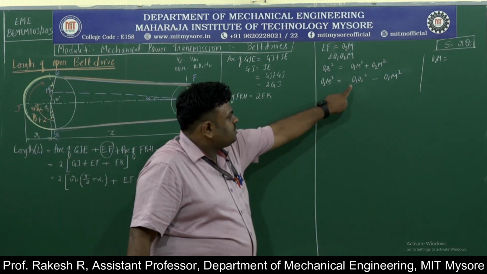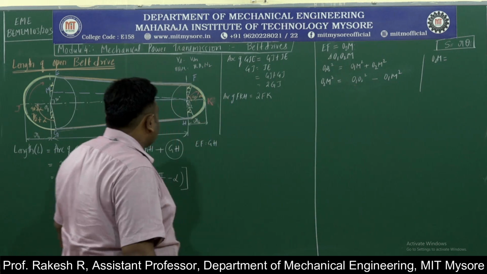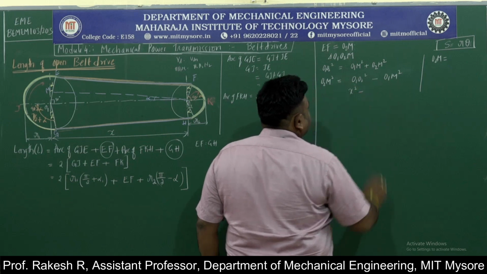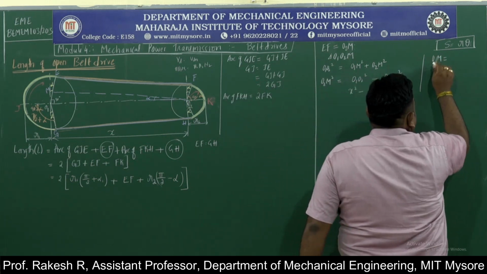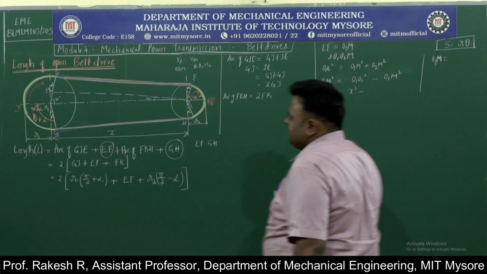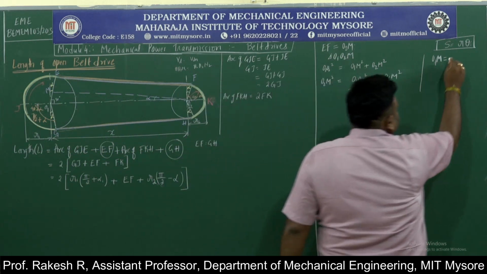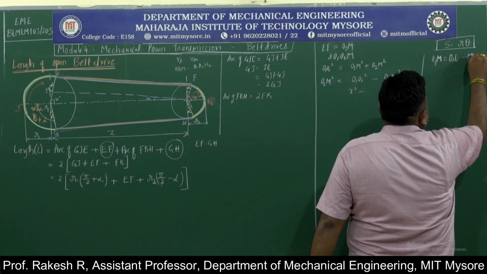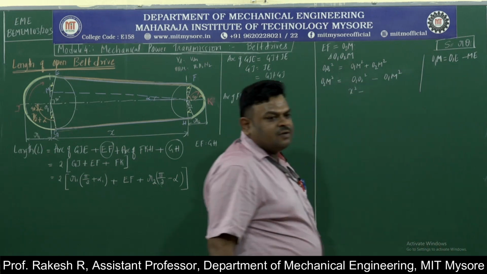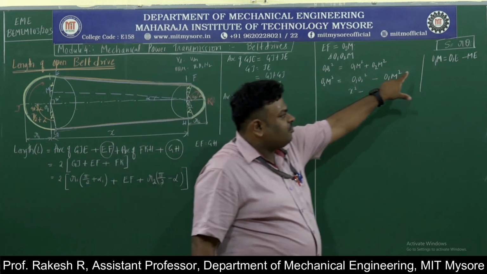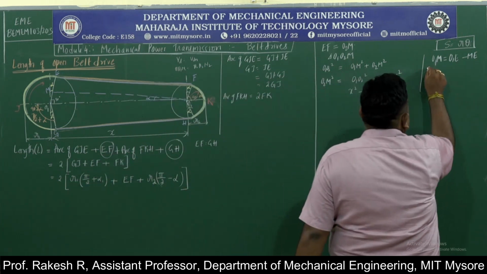So let us see what is O1O2. O1O2 is nothing but x square minus O1M. I will consider this line segment O1M. So O1M is nothing but O1E minus ME. This is the O1E line segment. Let us see what is O1M.